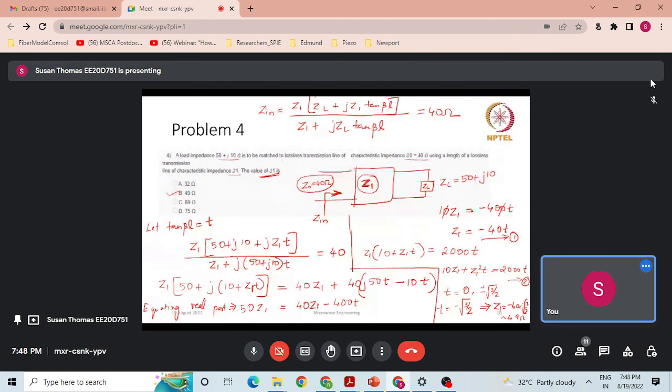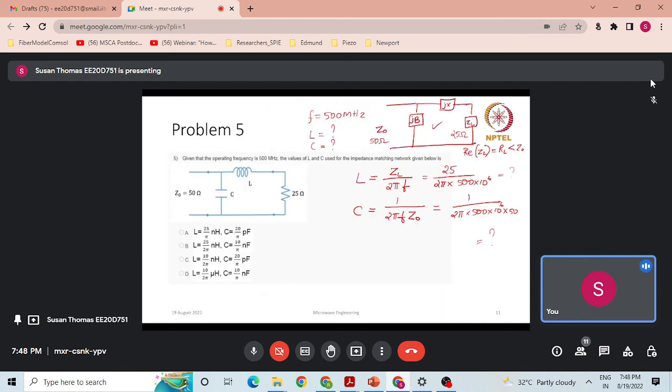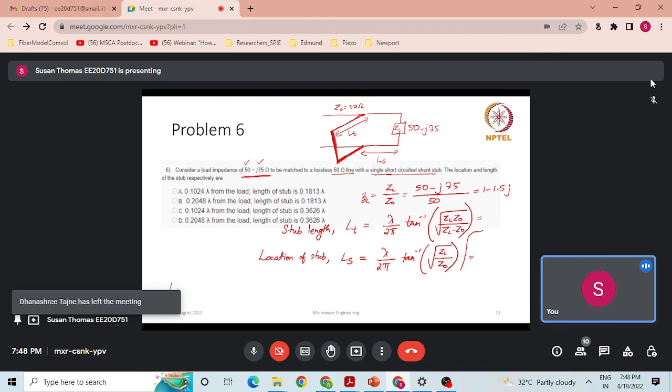In an undergraduate lab, definitely yes, we follow the equations and find out the value of L and C. But in a practical scenario nowadays, there are a lot of applications which will directly give you the value of L and C. Not just this, for many kinds of networks, if you give the numbers, they will give you the L and C, or the length of the stub, because all these are standard things.